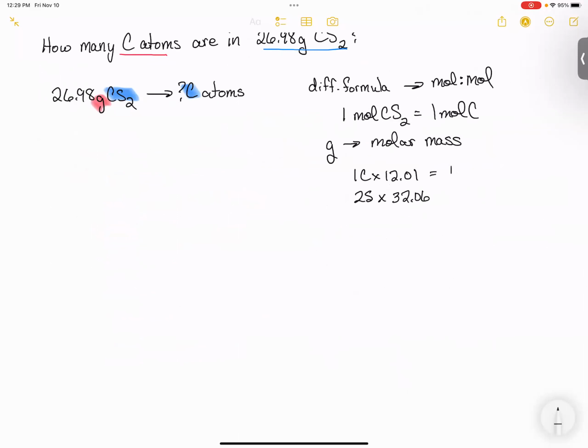The carbon contributes 12.01. The sulfur contributes 64.12. For 76.13. That is, 76.13 grams of carbon disulfide is equal to 1 mole of carbon disulfide.